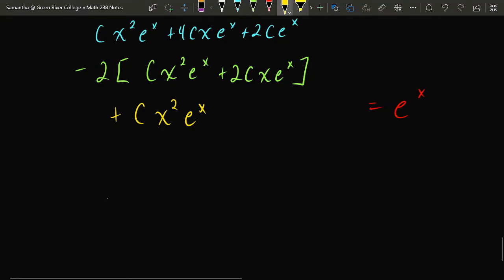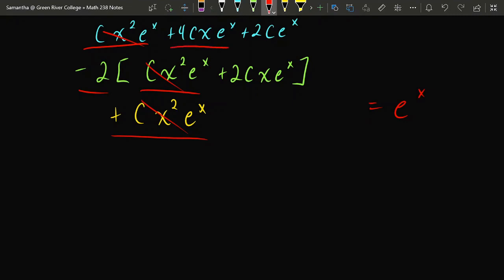Now if I take a close look at this expression, I have a positive cx squared, I have a positive cx squared, and I have a negative 2cx squared. So these three terms are going to cancel out. I have a positive 4cx, and I have a negative 2 times positive 2cx, so these terms are also going to cancel out.